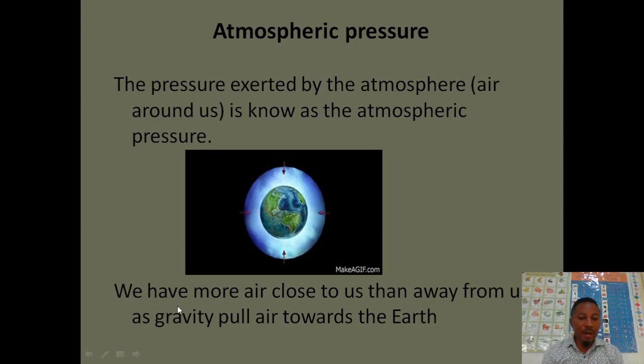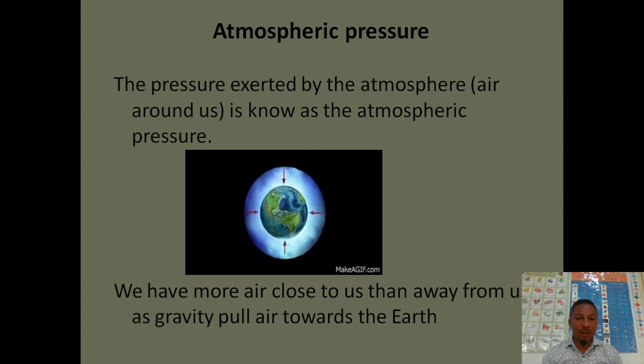We have more air close to us than away from us, as gravity pulls the air towards us. So we expect atmospheric pressure around us to be higher than atmospheric pressure above us. For instance, if you move to a mountain, you will notice that the air there is thin. That is, you don't have as much air as you have here.